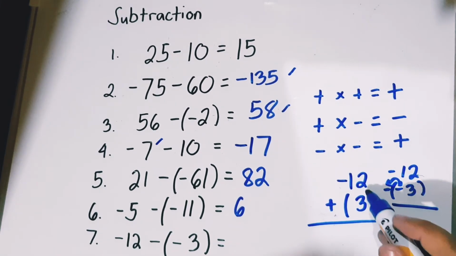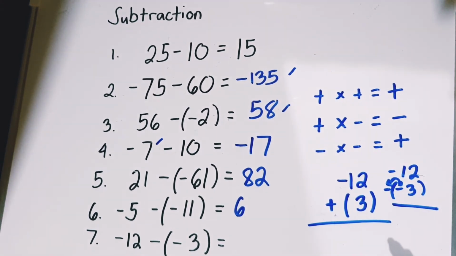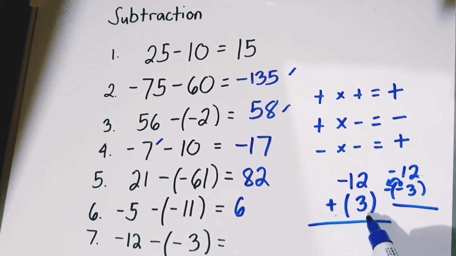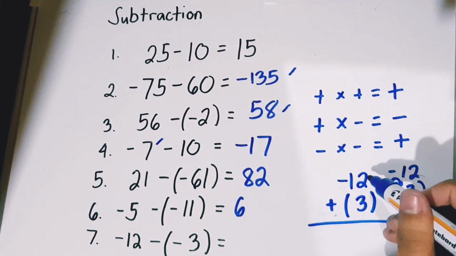So if we now move back to the addition part, so if a negative plus a positive, the answer will depend on who is the larger number. I mean you subtract.